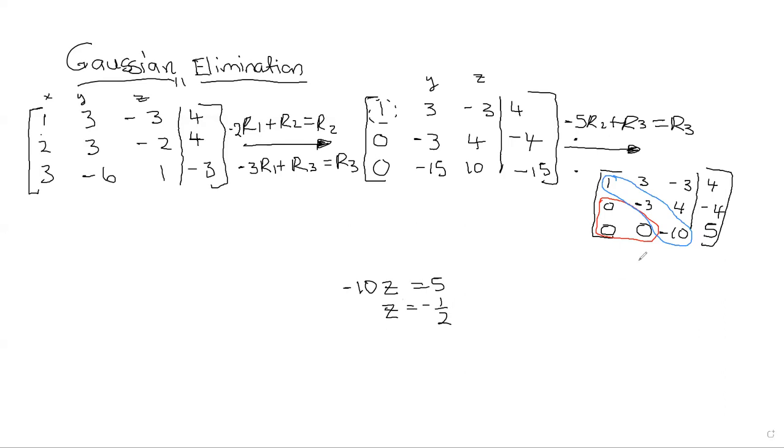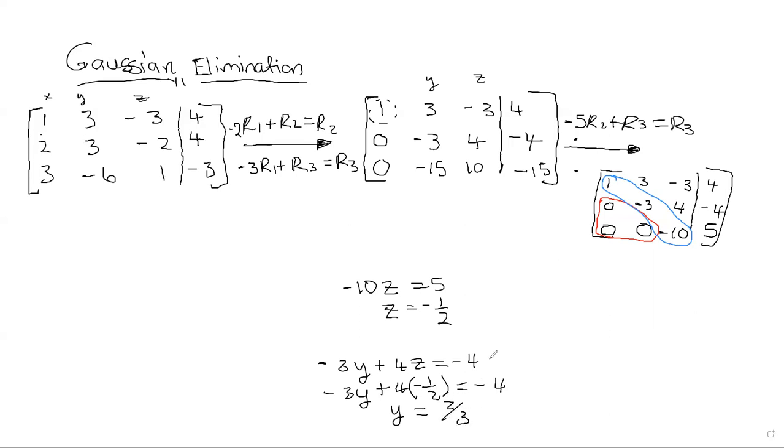Then move on to the previous one, the next one is with the -3y plus 4z is equal to -4. And then we replace, because we have z: -3y plus 4 times -1/2 is equal to -4. Then we solve everything, we should get your y. Your y should be 2/3.